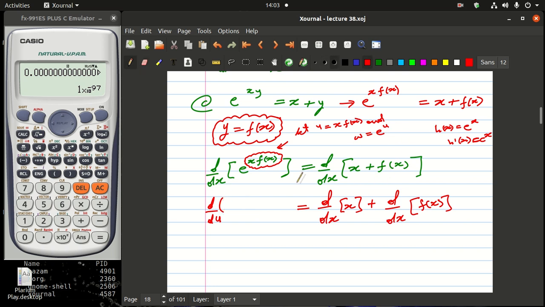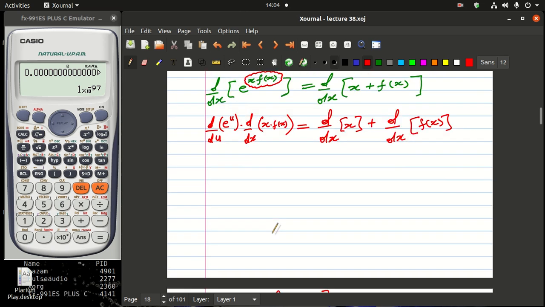My w is actually e to the power u, and my u is going to be x times f of x. And then now I can move forward, and the derivative of e to the power u with respect to u, we know that is going to be e to the power u, fine. And then for the derivative of this, we have a function and a function being multiplied together, so we need to use the product rule because we are multiplying two functions.